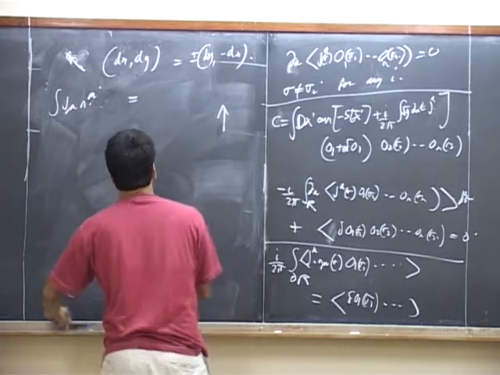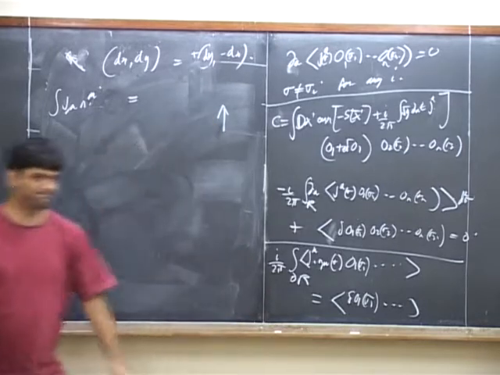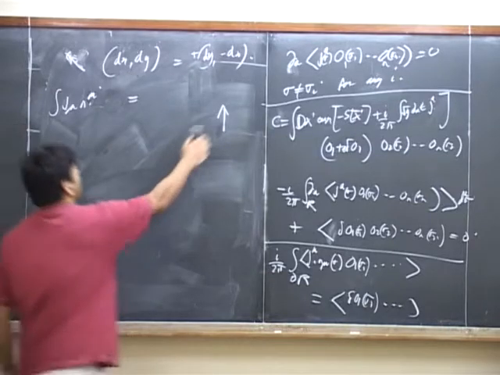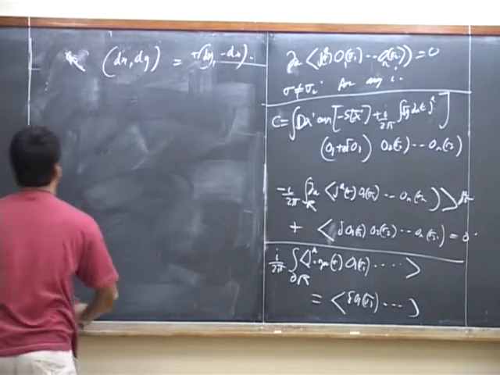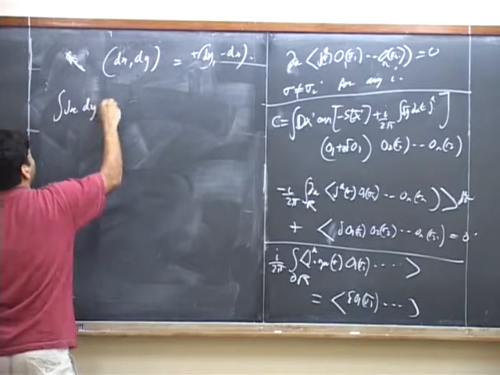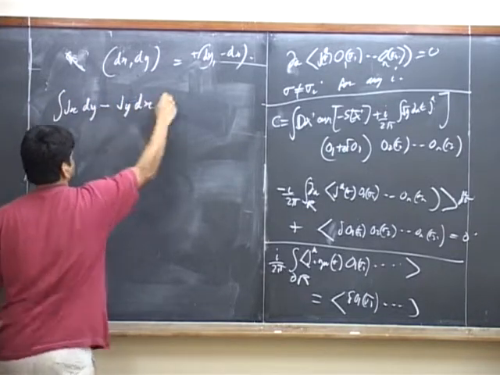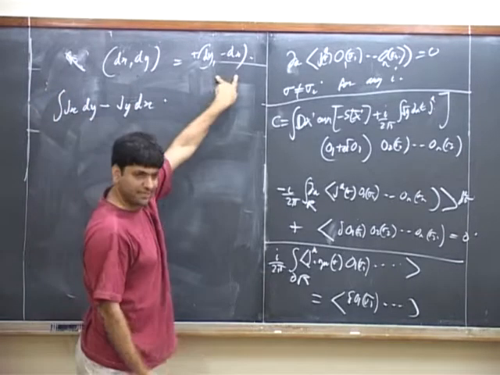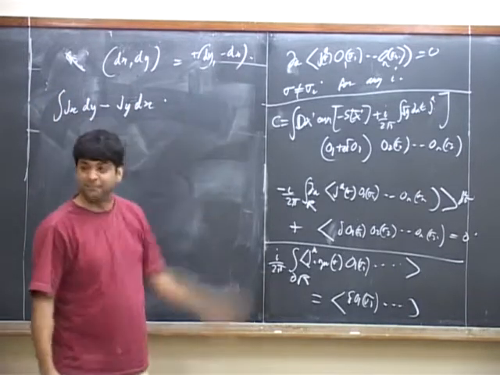So this is correct with a plus. So j_mu n^mu is the same thing as jx dy minus jy dx. We've just taken the vector j and dotted it with this thing. Is this clear?